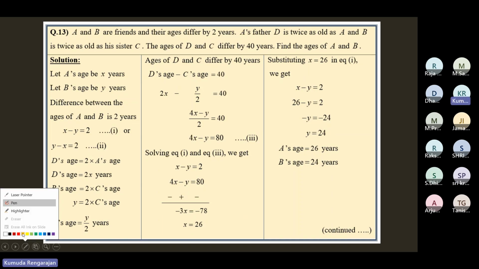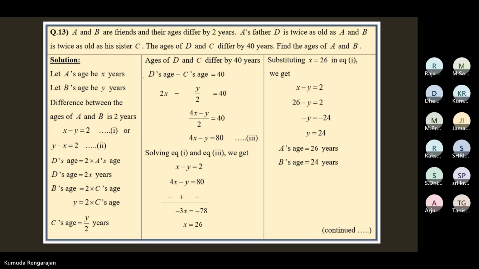Please look at your screen, children. x, y. Difference is 2 years. So it can be like this or like this. So x minus y is equal to 2 or y minus x is equal to 2 because you do not know who's elder. Then the other equation, the third equation I got is 4x minus y is equal to 80.